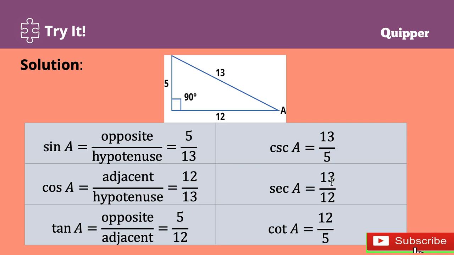Now we have 13 over 12. For the cotangent, just take the reciprocal of the tangent, which is 5 over 12. Now we have 12 over 5. So, that's how simple it is to find the six trigonometric ratios.